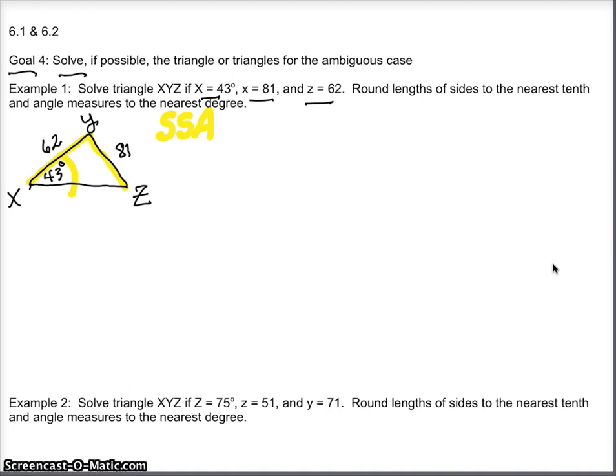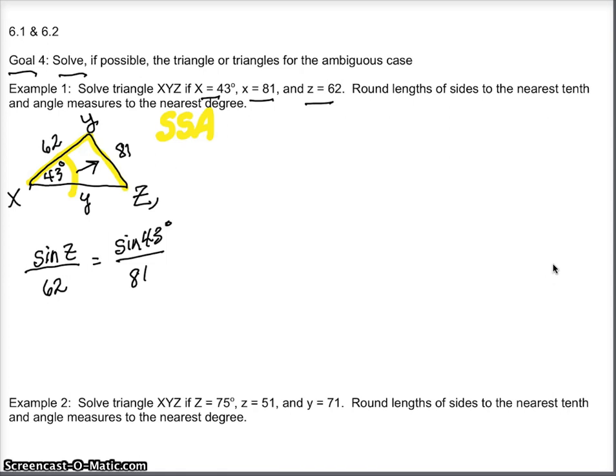I know that I have enough information to set up a proportion using the law of sines. So I know that I can solve first for angle Z. I'll begin with the sine of Z divided by its opposite side is equal to the sine of 43 degrees divided by its opposite side.